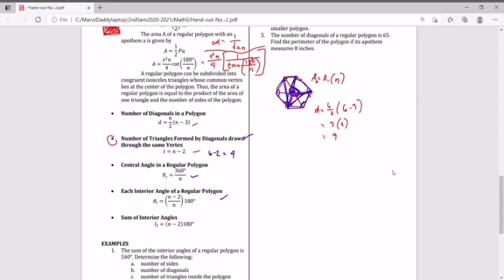If we try to get the sum, we add all the measures of the interior angles. This is given by the formula n minus 2 times 180, where n, again, is the number of sides. Okay? So, now we will proceed to the sample problems.